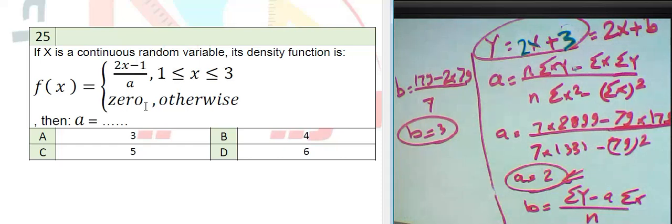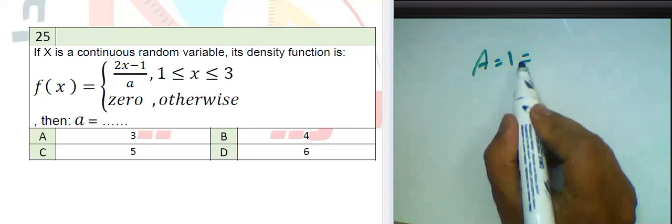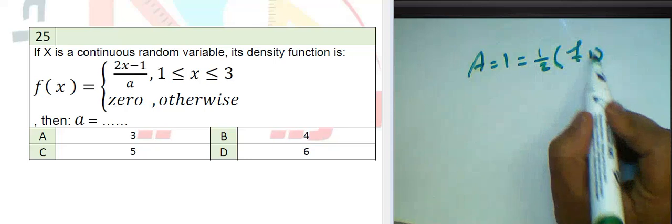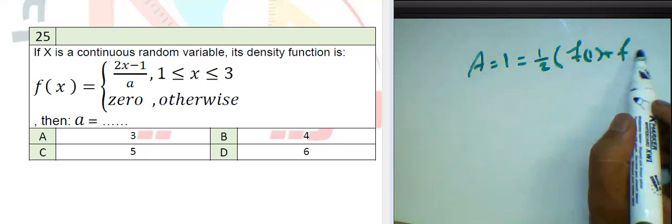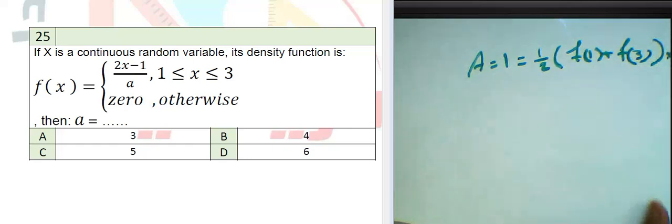The area is half times the sum of the two parallel sides multiplied by the height, and it equals 1. Area equals half times f of 1 plus f of 3, multiplied by the height, the difference between 3 and 1.